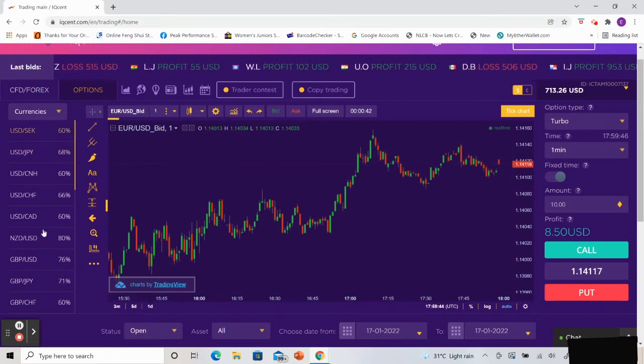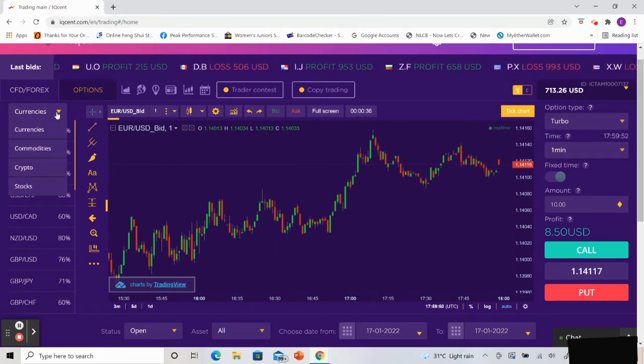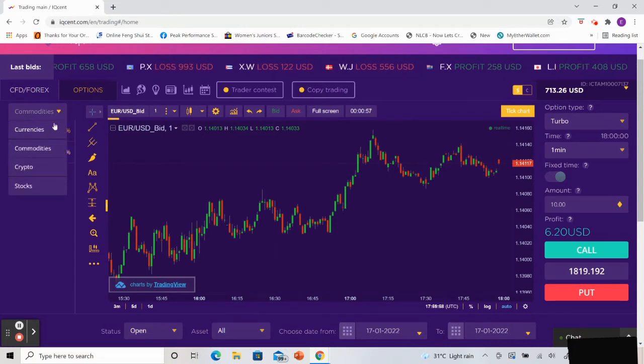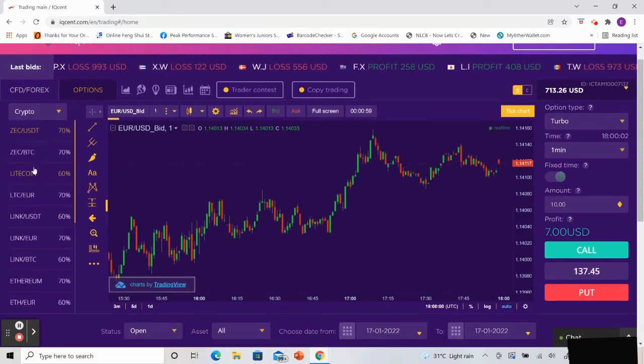On the left-hand side, there are the assets. Presently these are the Forex currencies, but you can drop down the list and trade commodities. Gold and silver are available. You can also trade crypto, with all of the various cryptos and crypto pairs.